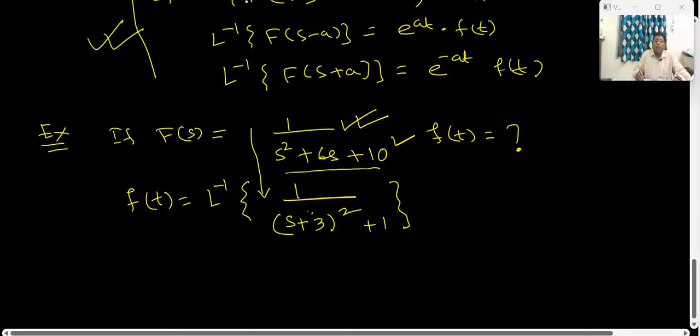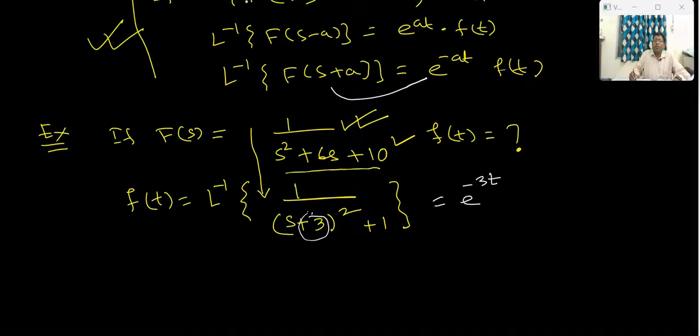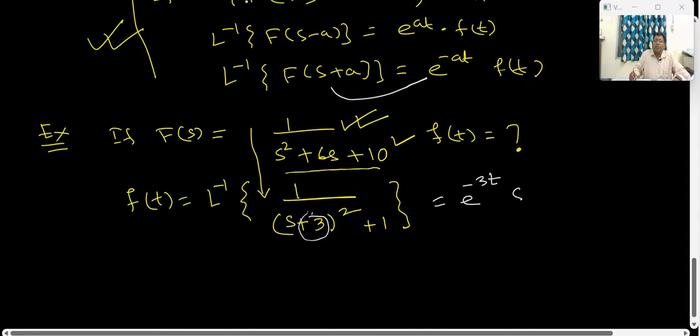For this plus 3, you can write e to the power minus 3t. Now it is in the form of 1 by s square plus omega square, then it will be simply sine omega t.